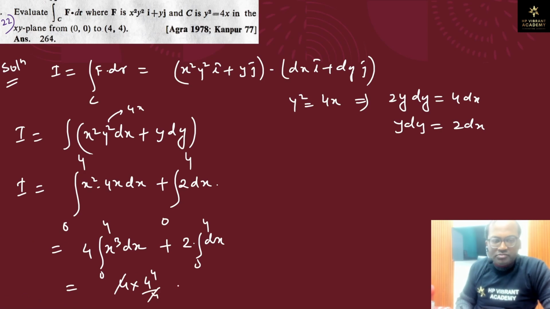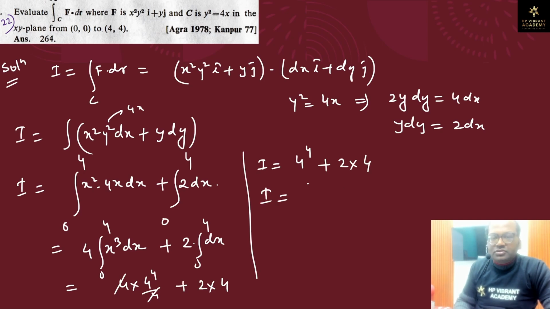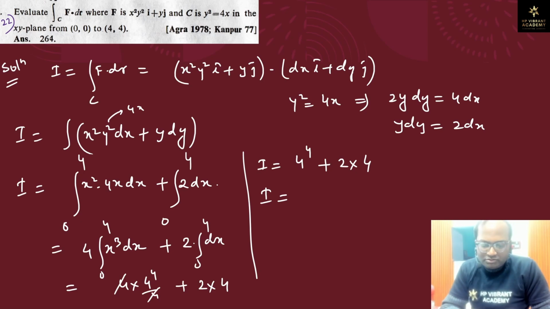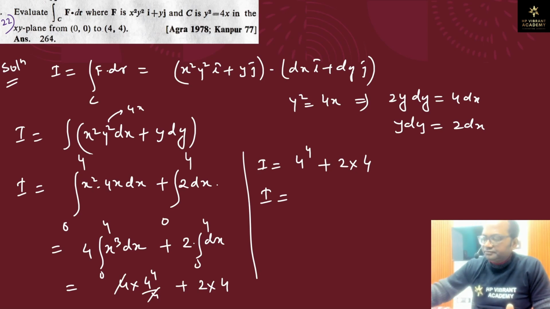This gets cancelled, plus 2 times 4. So I is equal to 4 to the power 4 plus 2 times 4. Let us use the calculator: 4 to the power 4 plus 8 is 264. So we have the value of I as 264.